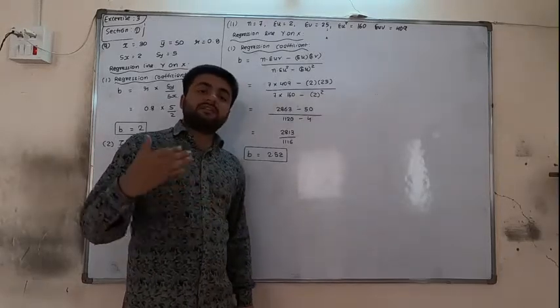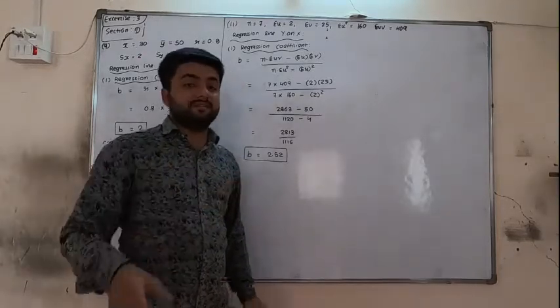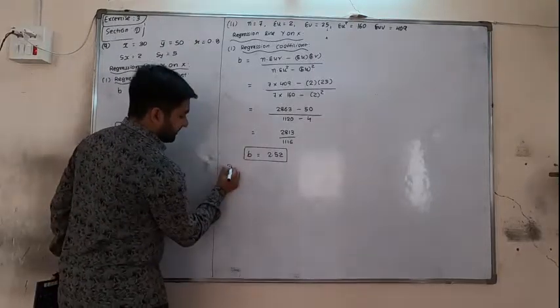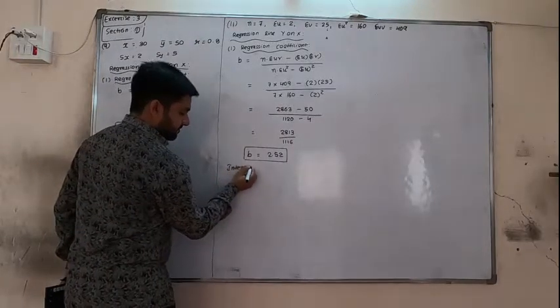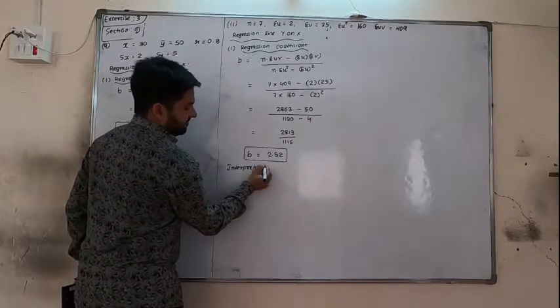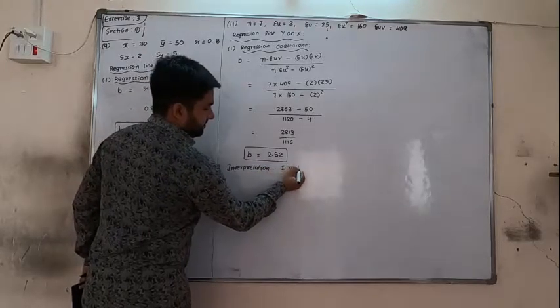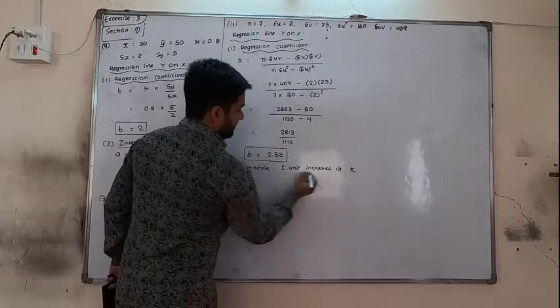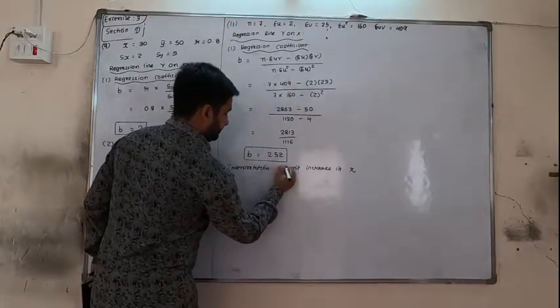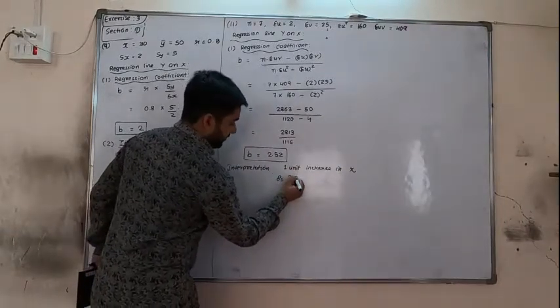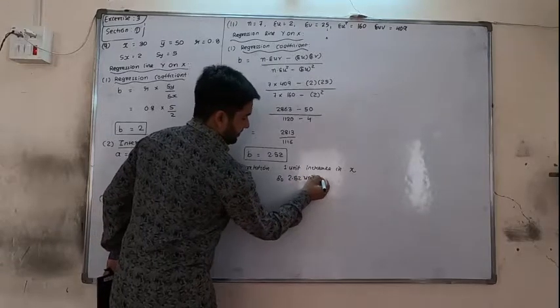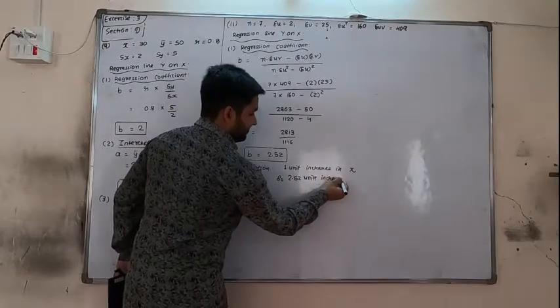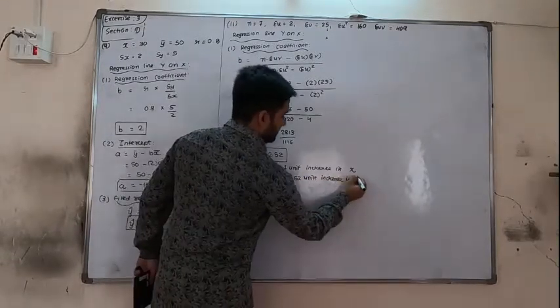So one unit increase in X and B units increase in Y. So interpretation: one unit increase in X, so 2.52 units increase, because B is plus, increase in Y.